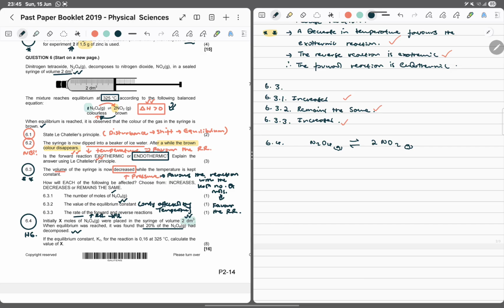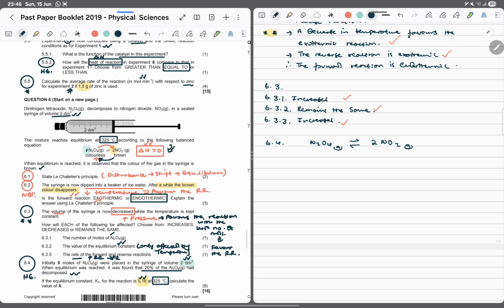Now, if the equilibrium constant Kc is 0.16, now this is where I have a bit of an argument with how examiners actually make these questions. For me, remember, at this temperature, we were told we had more products than the reactants, right? So that means this is an improper fraction, because remember Kc is the ratio of the products.